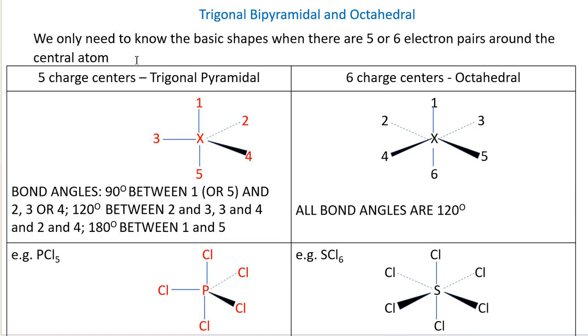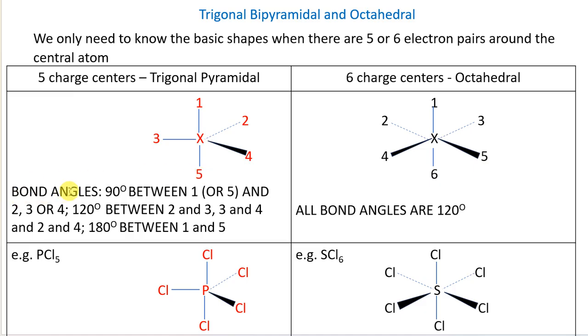If I get 5 charge centers, meaning 5 sets of electrons, trigonal bipyramidal. The central atom is X. I've got something above and something below, marked as 1 and 5, and 3 items bonded to X, labeled 3, 2, and 4, all in the same plane.